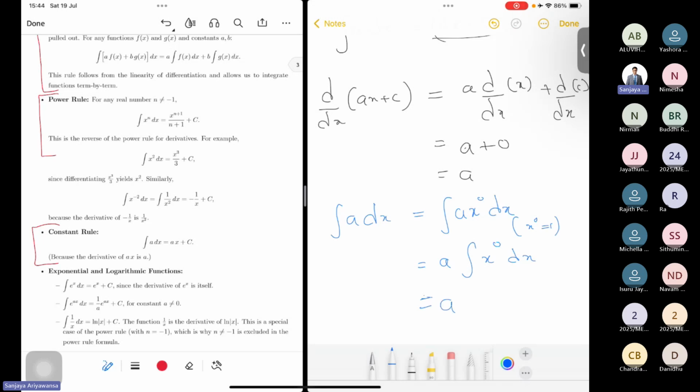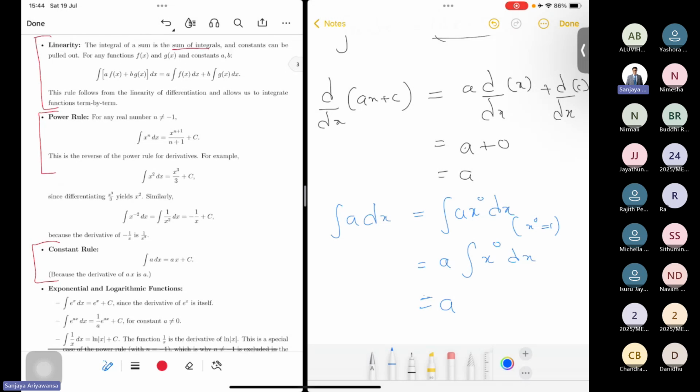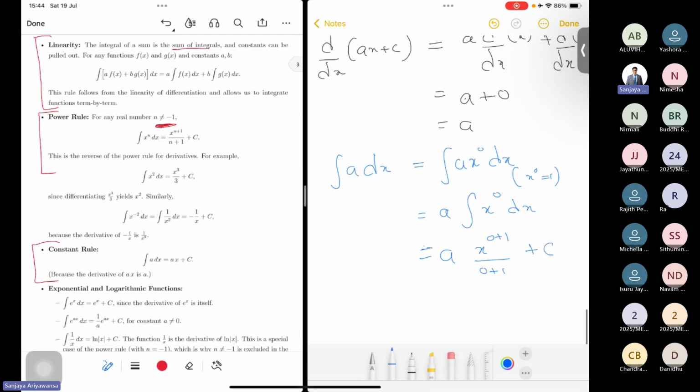So then I can integrate this. Why? Because n is not equal to minus 1. That was the first rule. Over here on your left hand side, n is not equal to minus 1. So therefore I can take x to the power 0 plus 1 divided by 0 plus 1, and therefore plus c. Then I get ax plus c. So it's another way of looking at it. So that's the constant rule.